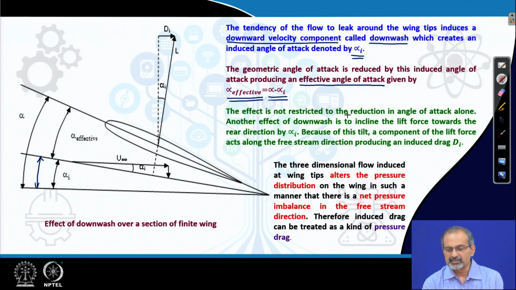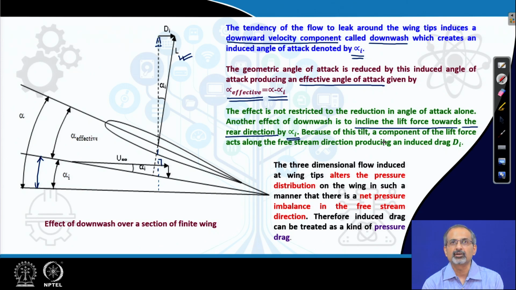The effect is not restricted to the reduction in angle of attack alone. Another effect of downwash is to incline the lift force towards the rear direction by the same angle alpha I. So, earlier the lift force was originally normal to u infinity, that was the original direction, but because of the induced angle effect, the lift vector tilts backwards.